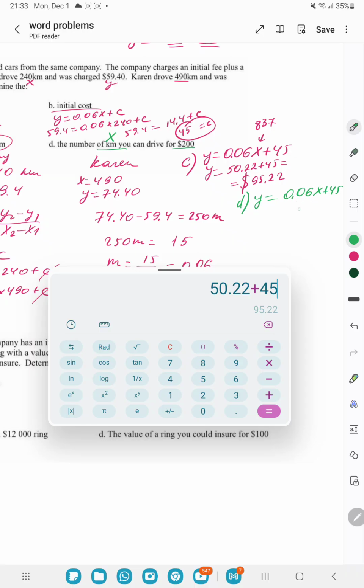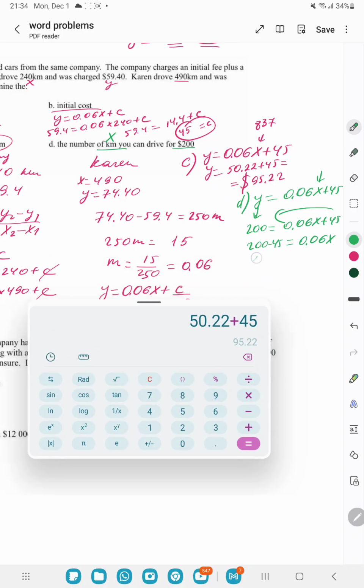We have to find x when y is $200. So 0.06x equals, if we move 45, 200 minus 45, and 200 minus 45 is 155. 0.06x equals 155.